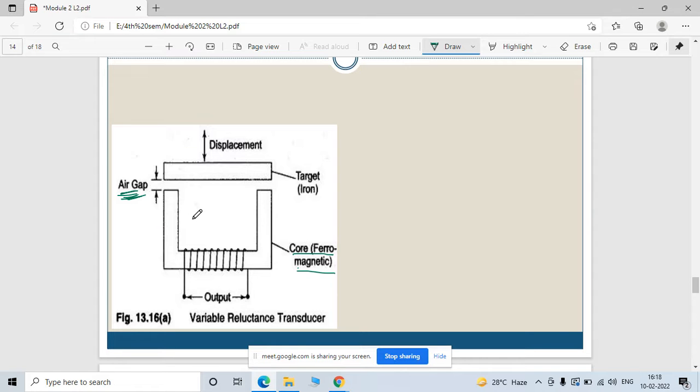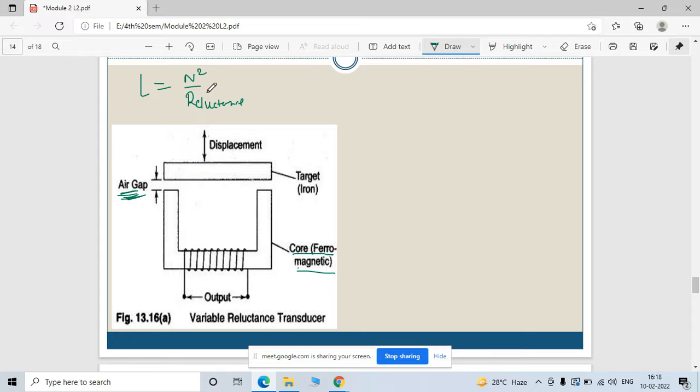When the air gap increases, what is the formula of reluctance and inductance here? L is nothing but N square by R. We already saw this derivation above, where R is the reluctance.